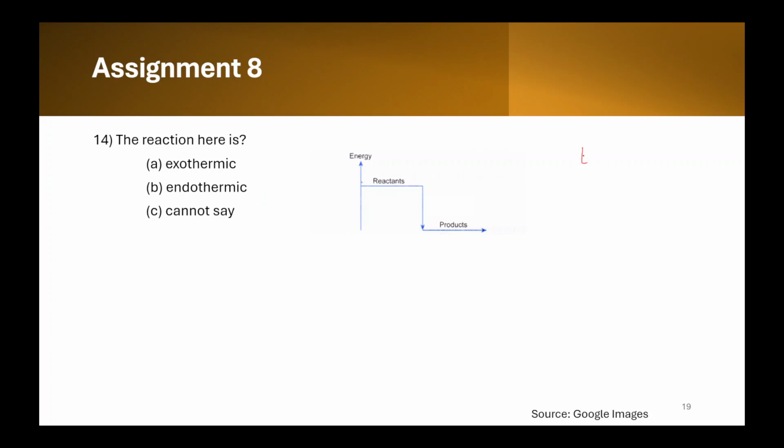So basically EP minus ER, you can write delta H. Okay. So EP is at a lower point. So EP is less than ER. So delta H will be less than 0. So this is exothermic. Okay. So the correct answer here is exothermic.